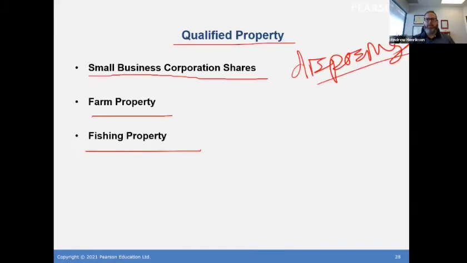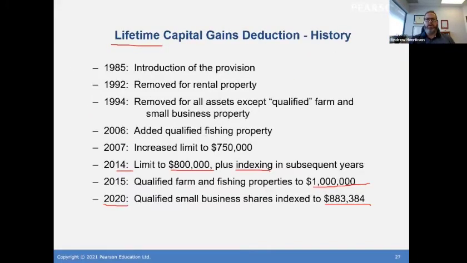Let me give a little more context. For small business shares, you can sell those shares at a gain of $883,384 and not pay any tax on them.